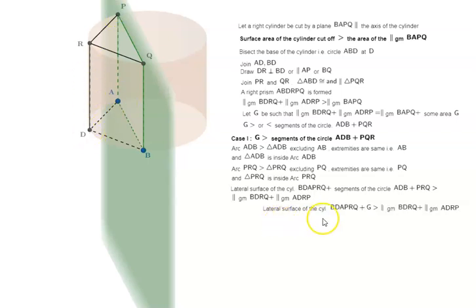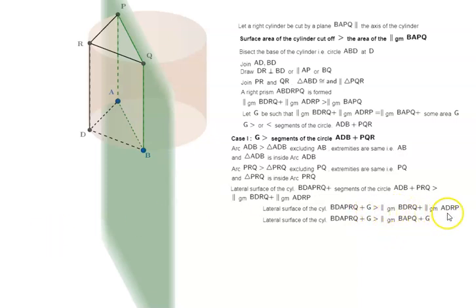So lateral surface of the cylinder BDAPRQ plus G, that is the segments of the circle ADB plus PQR, is greater than the parallelogram BDRQ plus parallelogram ADRP. Now we are substituting segments of the circle ADB plus PRQ with G because G is greater than the segments of the circle ADB plus PQR. So the inequality still remains.